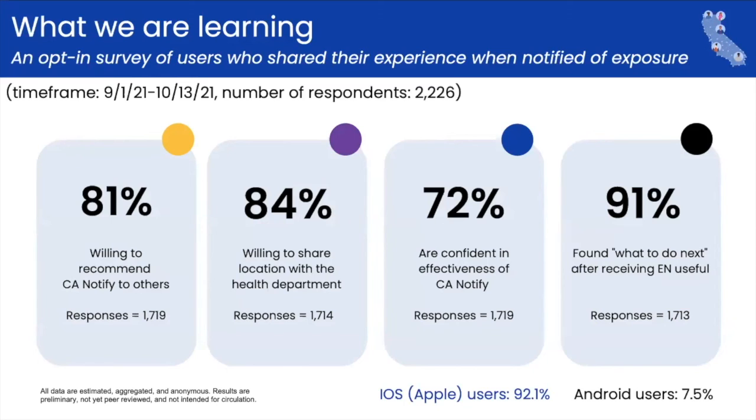But they're willing to share their location with the health department to make it more possible to know where there could be infection spread. 72% said they were confident in the effectiveness of CA Notify, and 91% found the information useful when they went to go find what to do next after receiving the EN. That really is helpful to know in terms of our communications and how we're communicating with the public.